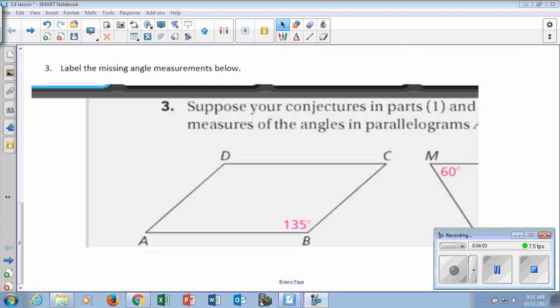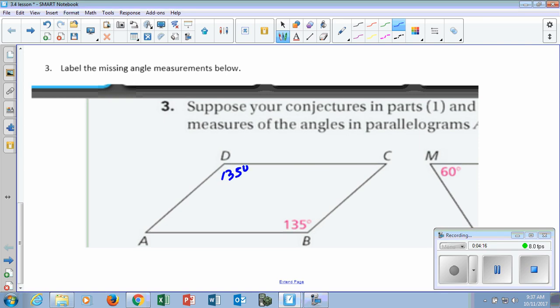All right, but down below, these two angles are opposite angles, right? Did anyone figure out what the measurement for this is? 135. All right, so this one has to be 45. I'm not going to say anything yet because you got to figure out a pattern.